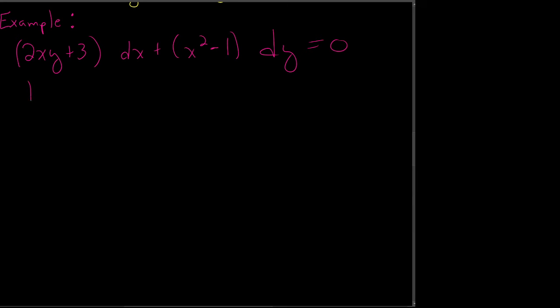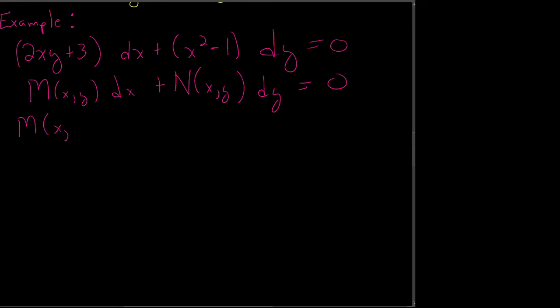So using the form M(x,y) dx + N(x,y) dy = 0, my M(x,y) is going to equal 2xy + 3, and my N(x,y) is going to equal x² − 1. So I want to test these.